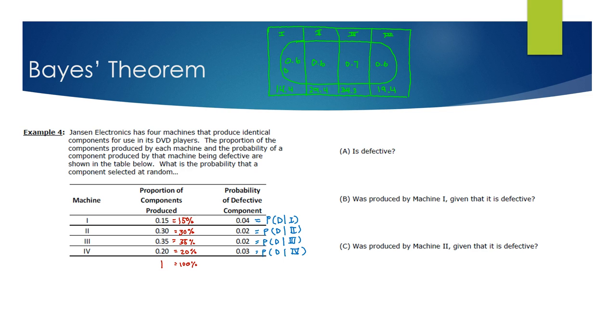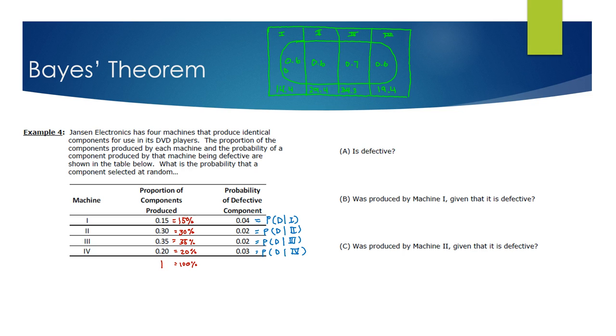If I do 2% of 35, I get 0.7. And if I do 3% of 20, I get 0.6. Those are the numbers that are defective from each of these machines, which means I would have 14.4 that are not defective for machine 1, 29.4 for machine 2, and so on. So now I have numbers out of 100 that I can make use of.